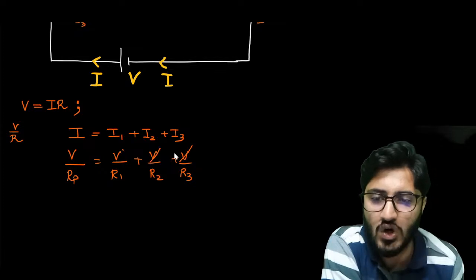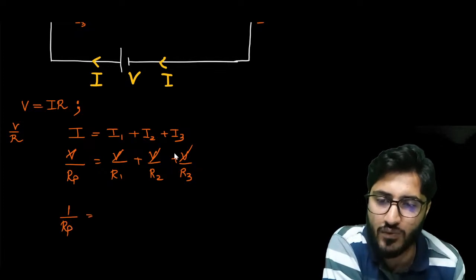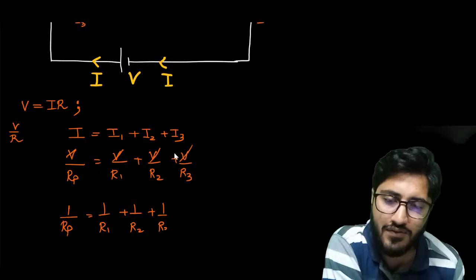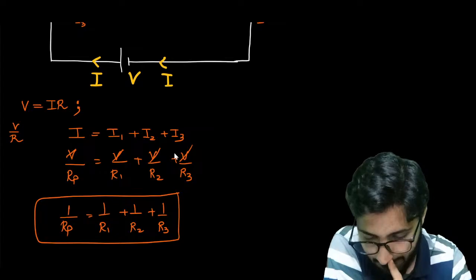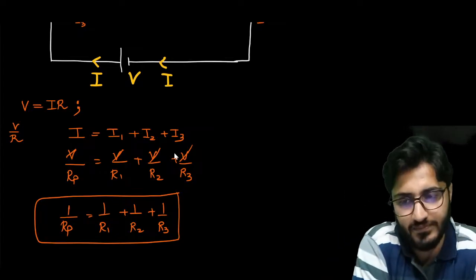I will take V common and it gets cancelled. So 1 by Rp equals 1 divided by R1 plus 1 divided by R2 plus 1 divided by R3. Done?